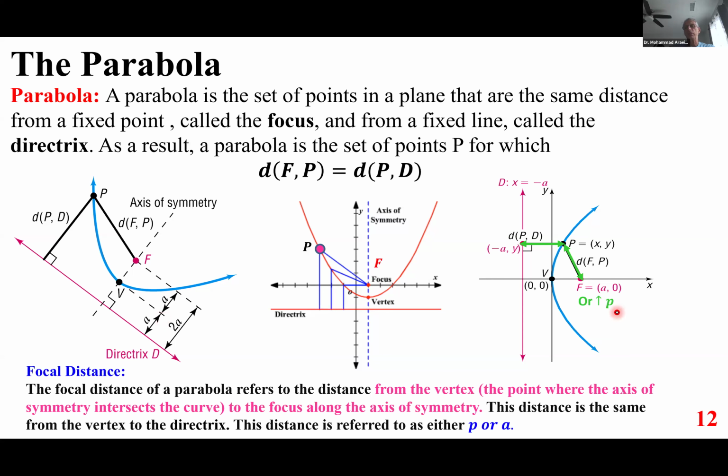So A or P. Notice this distance is P, so the focus is P comma 0, or A comma 0 if you call it A. And if that's the case, this point would be negative A or negative P comma 0.